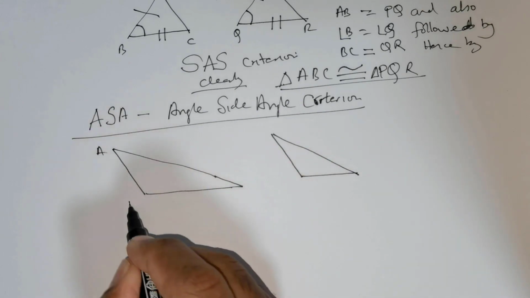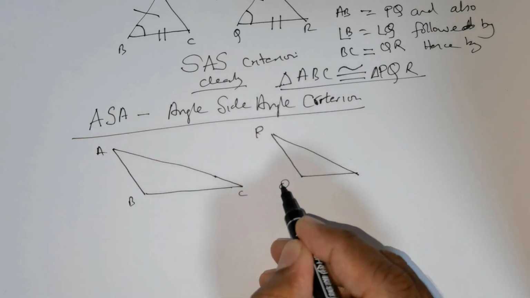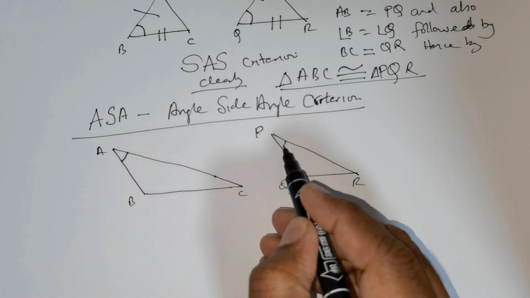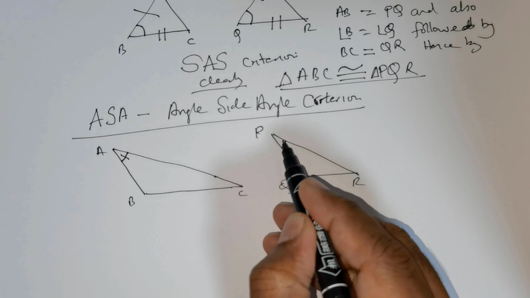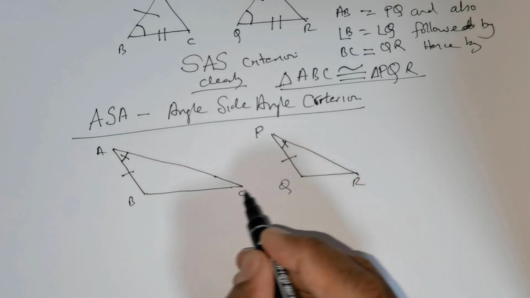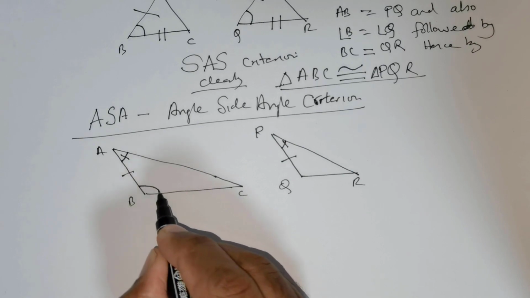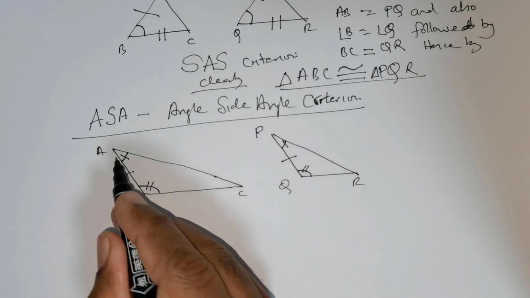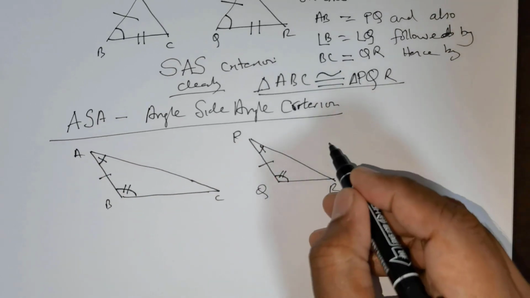So this is A, B, C, P, Q, R, and you got an angle here, an angle here. This angle is the same as this angle, and then you got a side here, a side here, and then you got another angle here and an angle here.